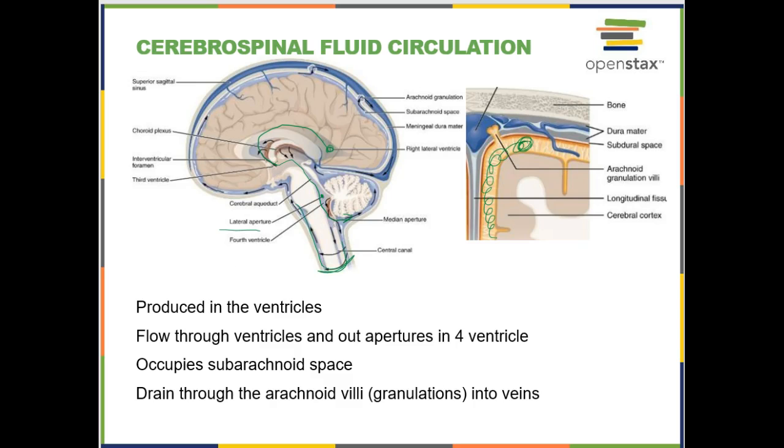and circulate around the brain, and then it is drained from your subdural space through what are called arachnoid villi. This book calls them arachnoid granulation villi. Why, I don't know. But it's a little protrusion of the arachnoid matter into or through the dura mater, and then into one of these big floppy veins called sinuses.